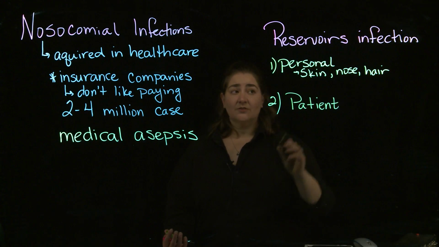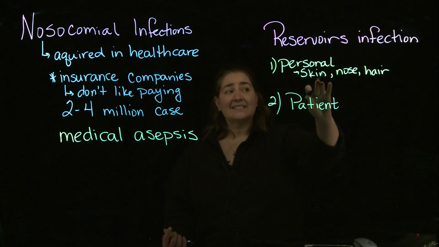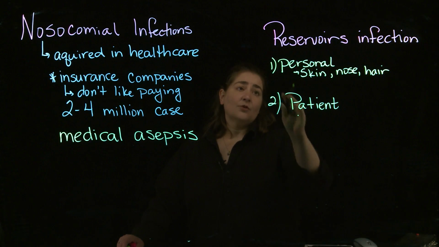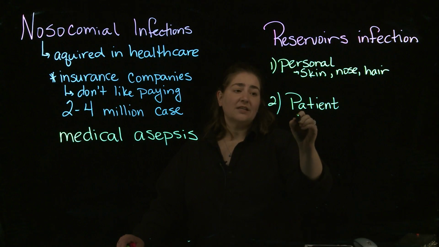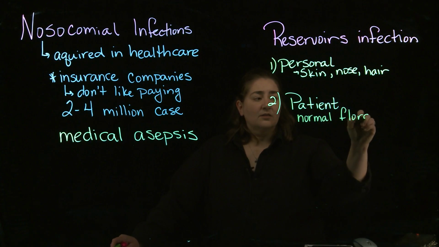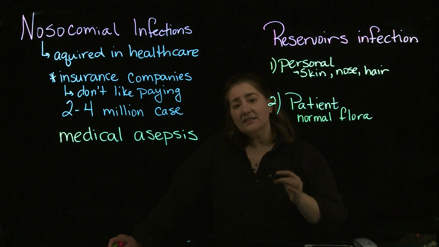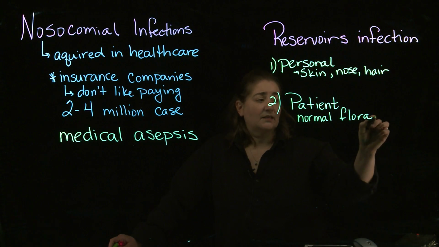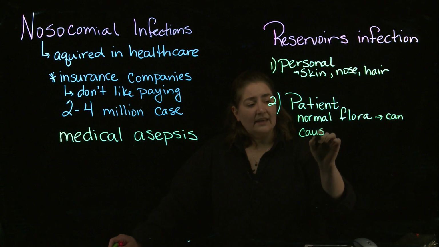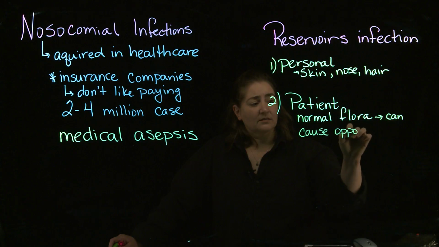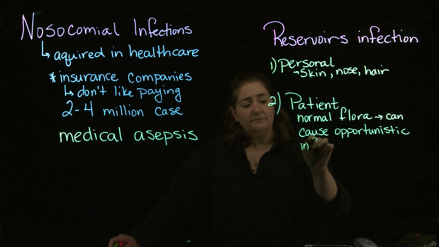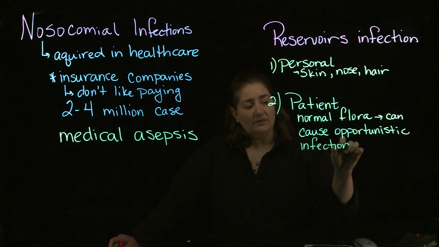The patient can also be a source because, again, there are bacteria on the patient's skin, their nose, on their hair, okay? And when we're talking about the personnel or the patient, the normal flora, if it gets into places it's not supposed to be, can cause what's known as opportunistic infections. Okay?